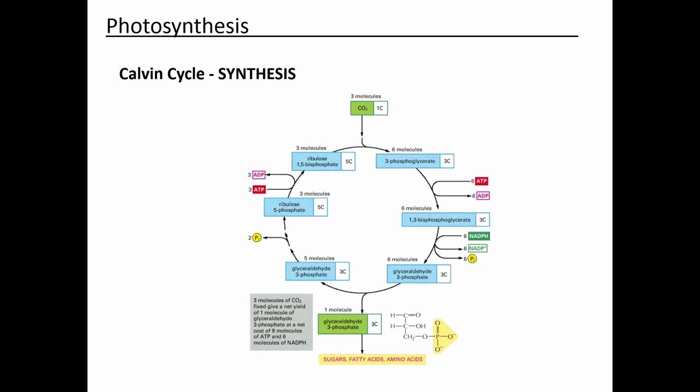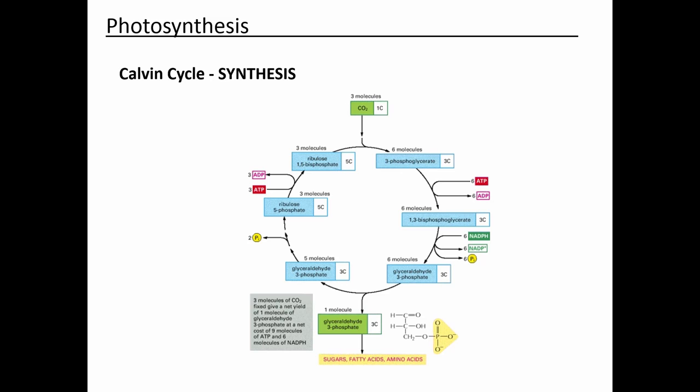And over a series of reactions, each 3-phosphoglycerate molecule is going to be converted into a glyceraldehyde 3-phosphate. So you're going to end this stage with 6 glyceraldehyde 3-phosphate molecules. And remember, this is the important product. This is the product that the plant can use to make organic molecules.